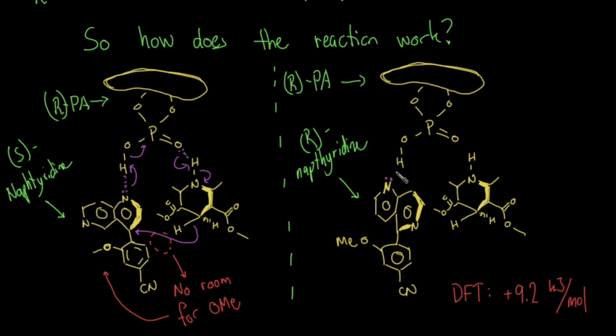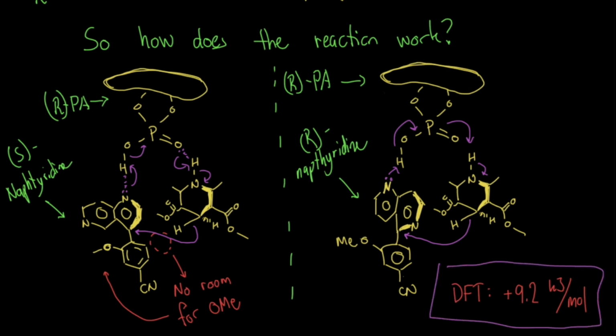But it's the same reaction taking place, and therefore more or less the same mechanism. We see the protonation steps, and we also see the hydride transfer. There is just one big difference: since this is a mismatched interaction, there's going to be more steric clash between the reacting species. And that actually turns out to be a difference of over 9 kilojoules per mole, which is quite a lot.